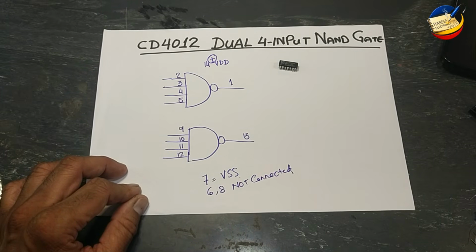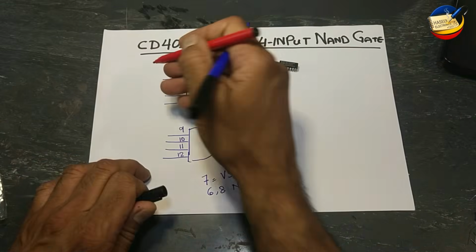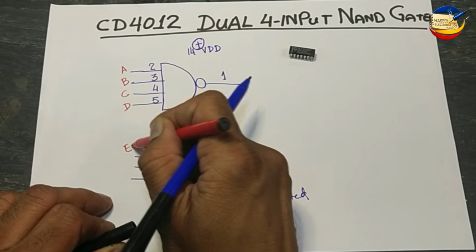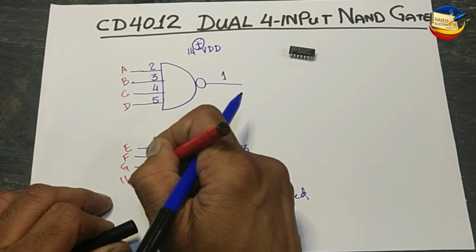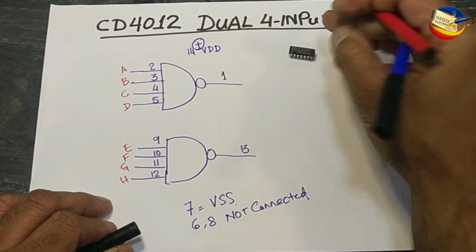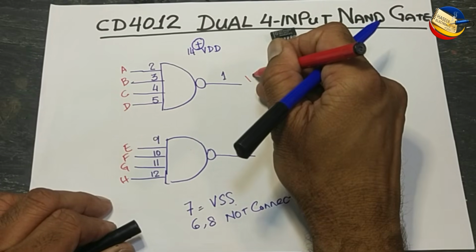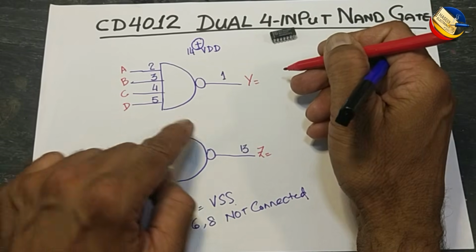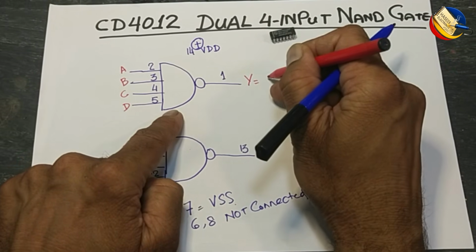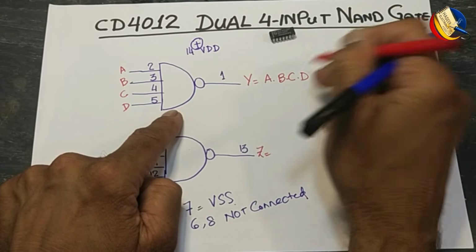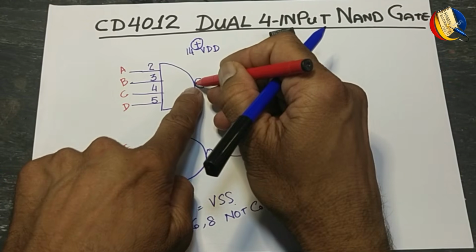If we see its Boolean operation, if we give name A, B, C, D, E, F, G and H, these are inputs. You can give any name. Just to demonstrate function, Y output and this is Z output. If we say AND gate, AND will provide A dot B dot C dot D. That is this point.